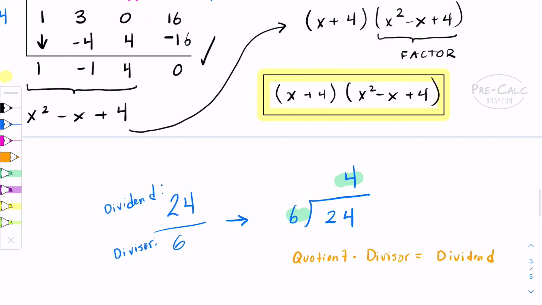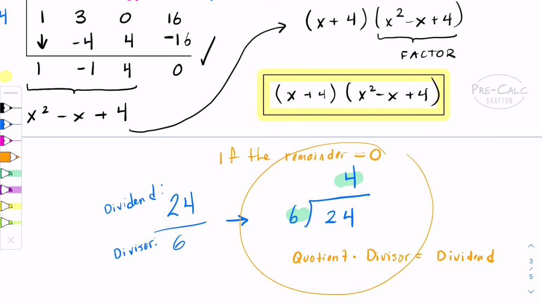Okay, this only happens if the remainder is 0. Obviously, we're not doing anything as simple as this, but thinking about simple examples is what helps you realize what you're doing for more complex work.